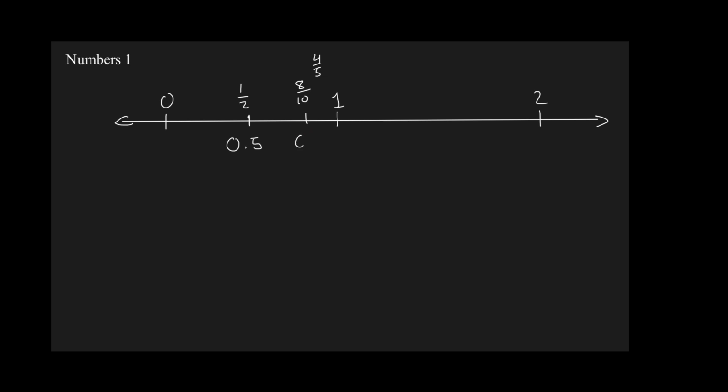This would be 0.8. Or perhaps you want to do 1/10 down here. You could write this as 0.1. And so on. And there's an infinite number of fractions between 0 and 1, which could be represented as decimals.